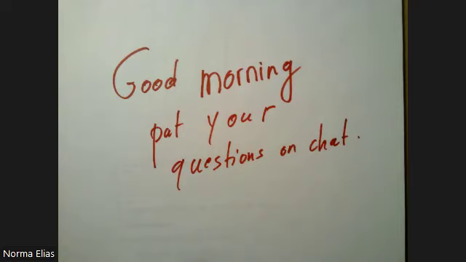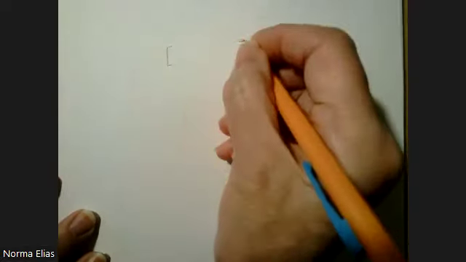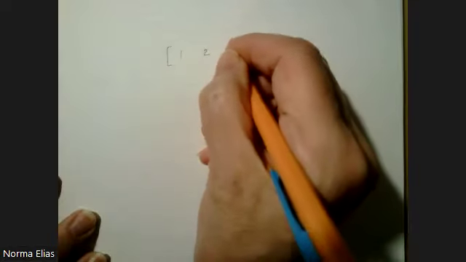There is no difference. A vector is a list of three numbers, and sometimes we write a vector in a column format. Sometimes we write it in a row format, and sometimes we just write it like this. So we can write a vector in a row format like 1, 2, 3.